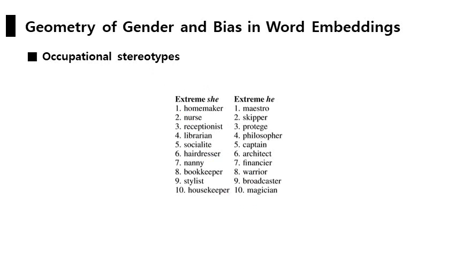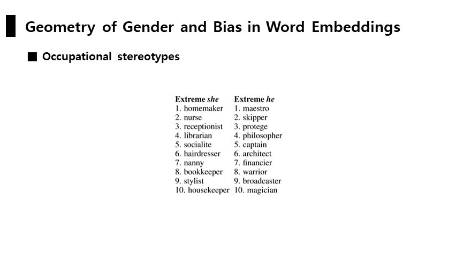Occupational stereotype. The figure lists the occupations that are closest to she and to he in the word2vec news embeddings. We asked the crowd workers to evaluate whether an occupation is considered female stereotypic, male stereotypic, or neutral.